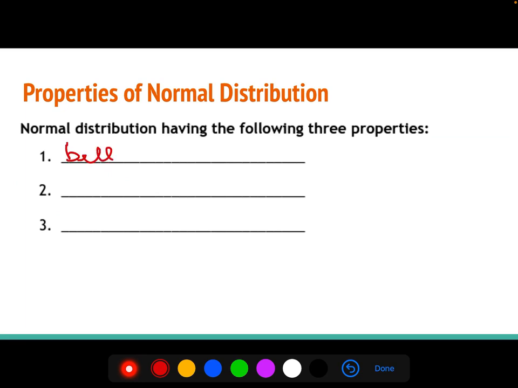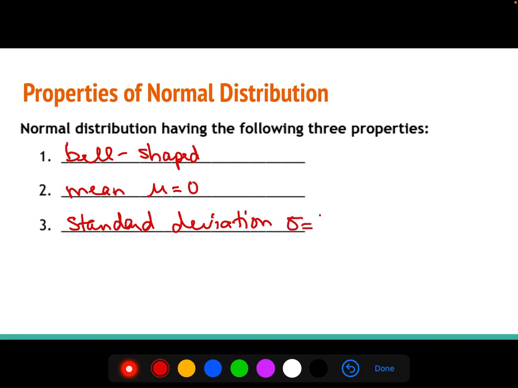So, some properties of the normal distribution. Well, we've already discovered it is bell-shaped. Remember, the uniform one was kind of like a rectangle. The mean is mu, and it's at 0. The standard deviation, that's sigma, is equal to 1.